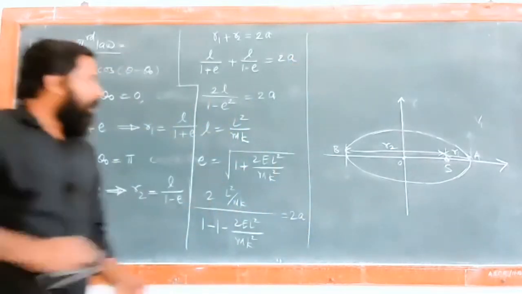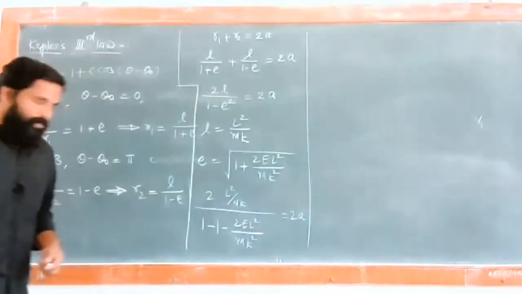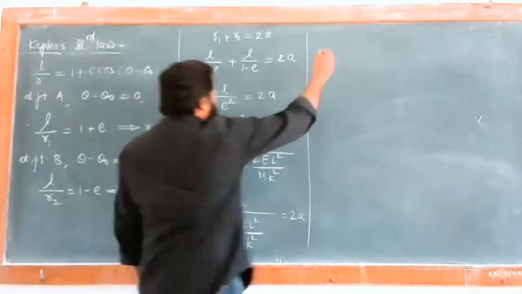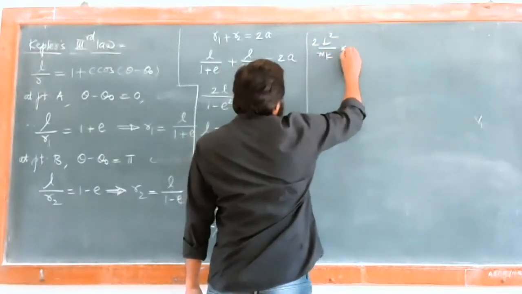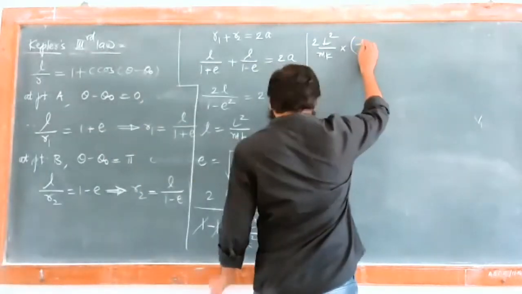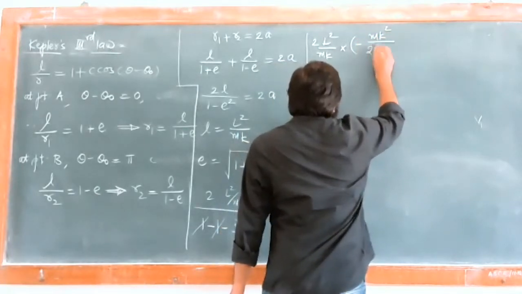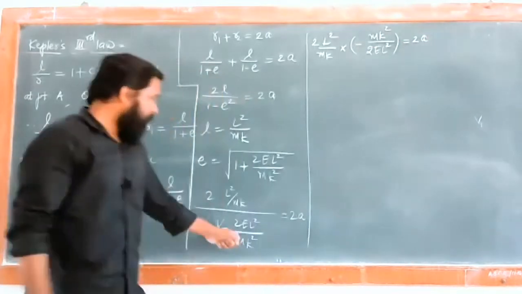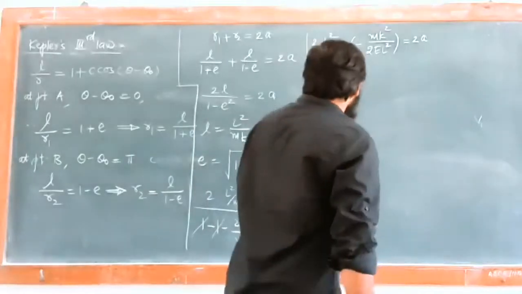So I can write these equations, and so this 1 minus 1 will get cancelled out, and I can write that is 2 L square upon mk, which is multiplied by, so this is a negative sign, so I can write this in terms of minus this mk square divided by this twice EL square, and that is equal to twice A. Okay, it just gets flipped, and you can have that in terms of mk square upon twice EL square.